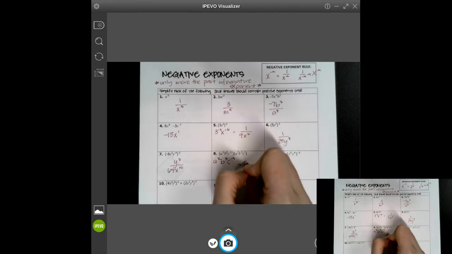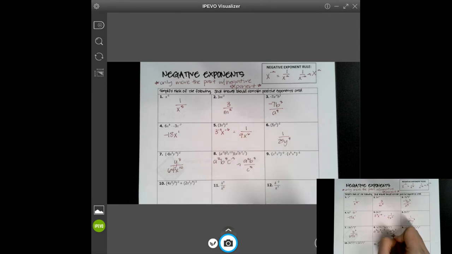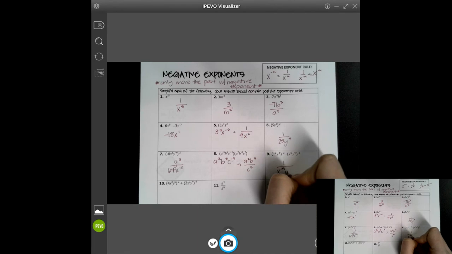So this becomes a squared b to the 5th over c to the 5th. Okay, try number 9. It's very similar. If you did it correctly, you should get 1 over x to the 19th, y to the 18th.